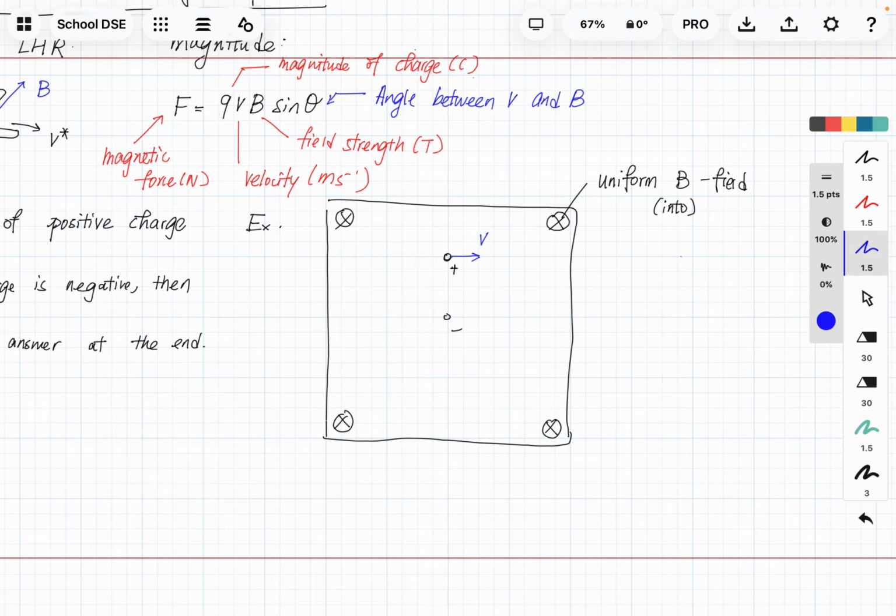This is actually not completely new. We did the same in the topic of gravitation. In gravitation, we say that the gravitational force acts as the centripetal force.